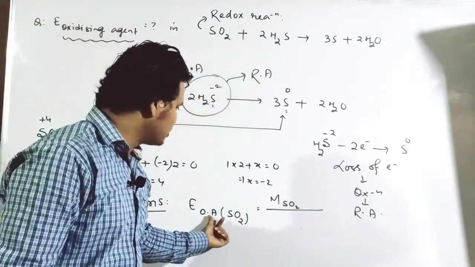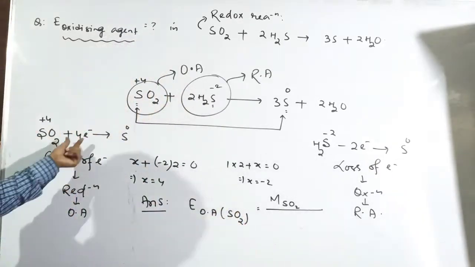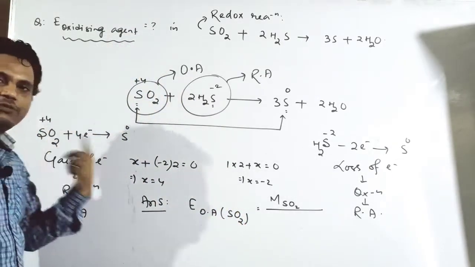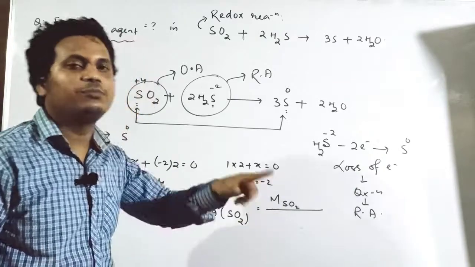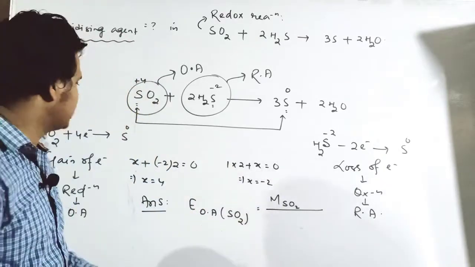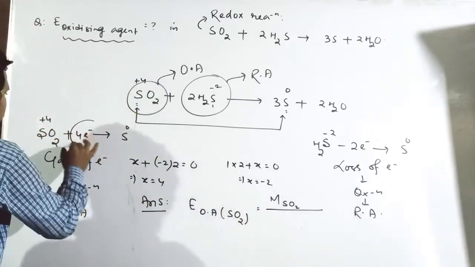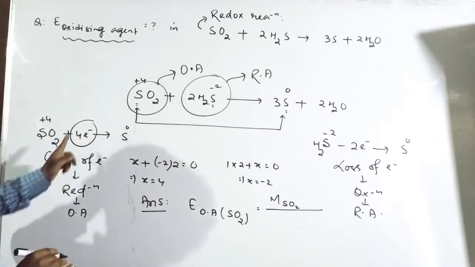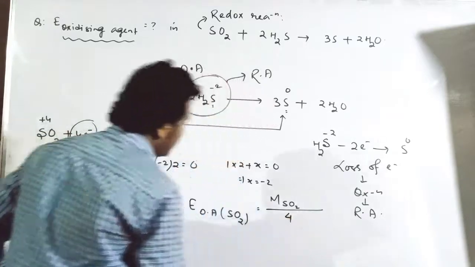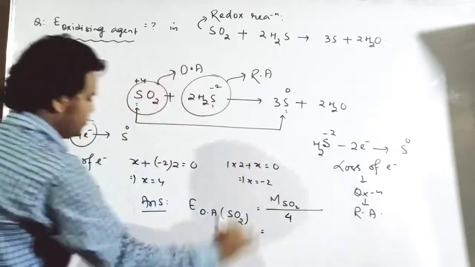If it is an oxidizing agent, the number of electrons will be gained. If it is a reducing agent, the number of electrons will be lost. So how many electrons? Gained 4. So this divided by 4 will be our answer.